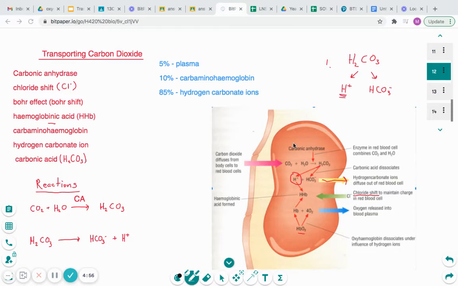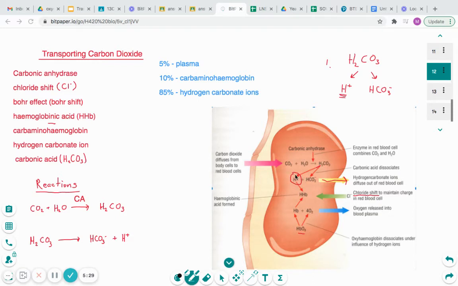All right, so we've discussed carbonic anhydrase, chloride shift, hemoglobinic acid, carbaminohemoglobin, hydrogen carbonate ion, which is HCO3-, and carbonic acid, H2CO3. The first difficult part, I would say, is CO2 reacting with water to form this compound here, H2CO3, carbonic acid, which then breaks down into hydrogen carbonate and the hydrogen ion.